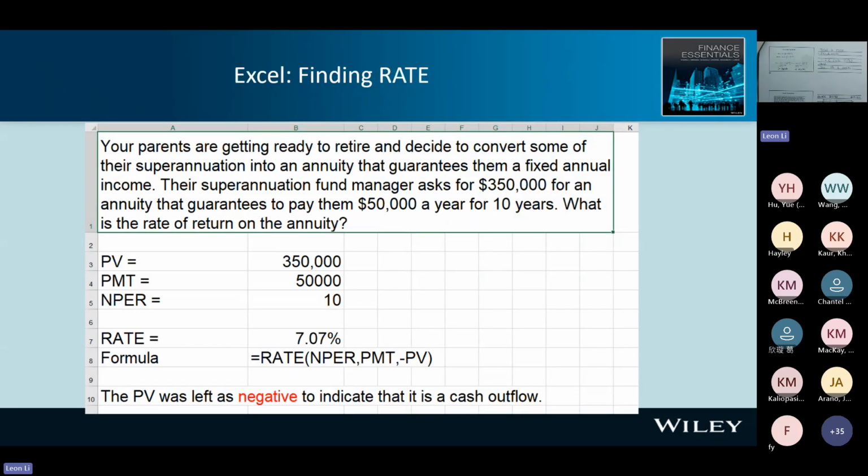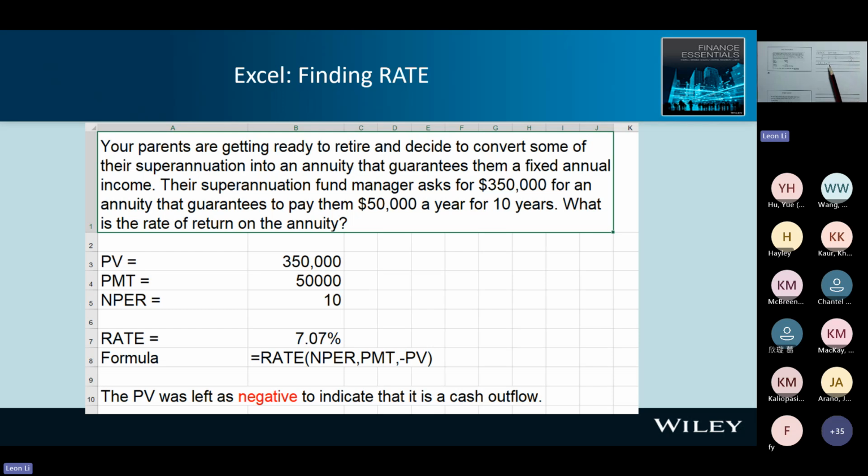So this is our Excel example. Again, I show the information on the timeline. Present value $350,000 today. PMT 50,000 every year, number of years, 10 years.